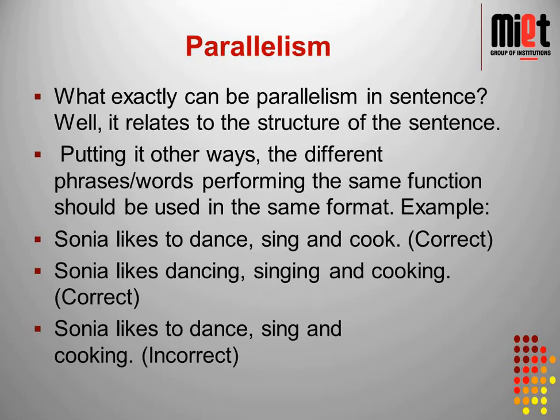We can use the present participle like Sonia likes dancing, singing and cooking. But we have to maintain that there should be parallelism in the sentence. For example, if I say Sonia likes to dance, sing and cooking, it would be incorrect. And why is it incorrect? Because it is not in the same format.